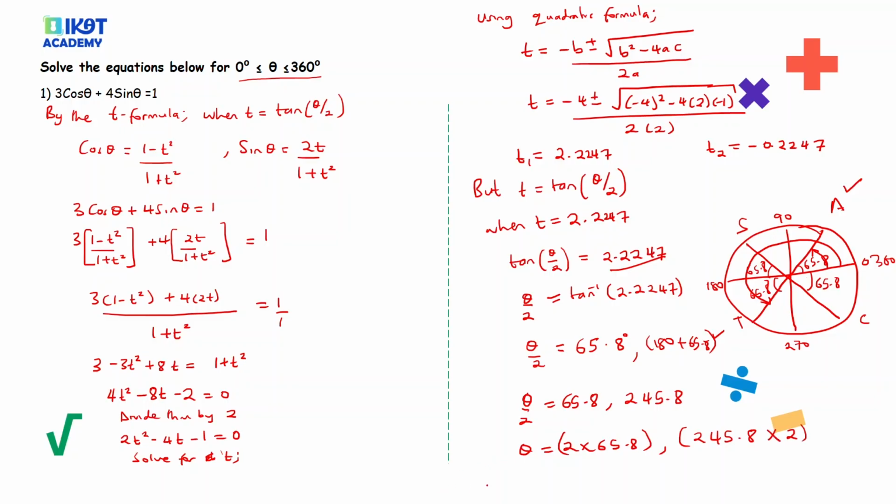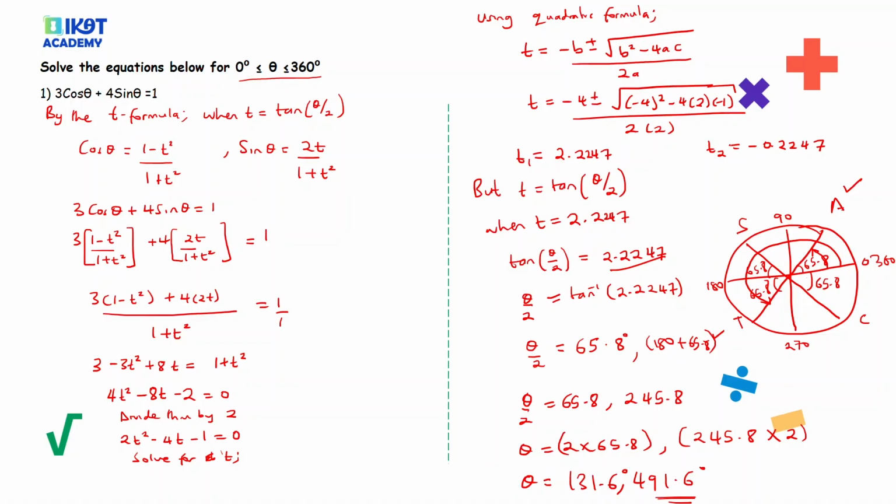So here I get theta is equal to 131.6, comma, 491.6. So these are our two angles, but now this is already out because it's greater than 360.